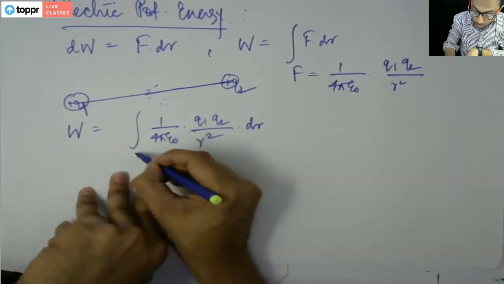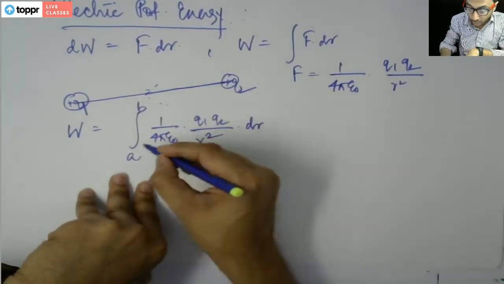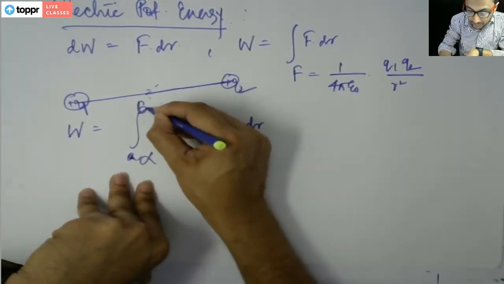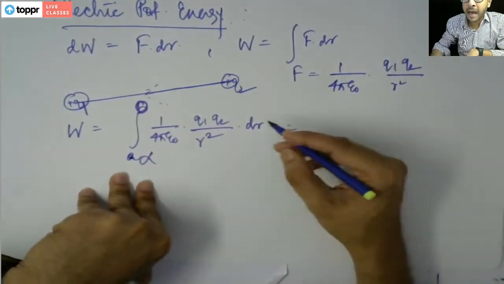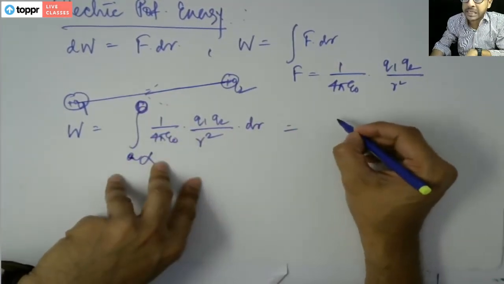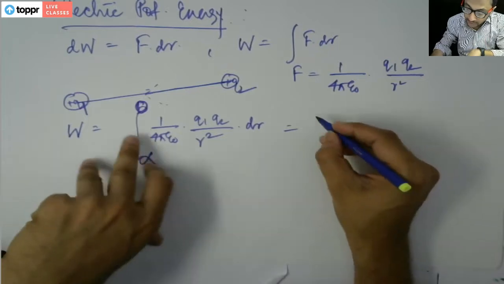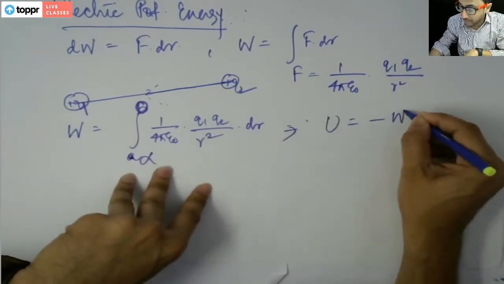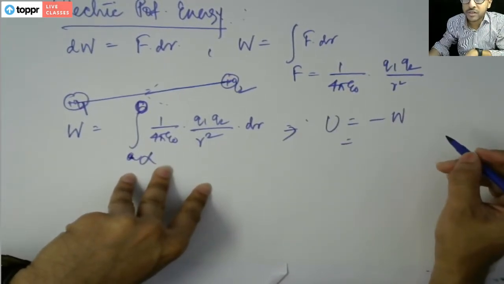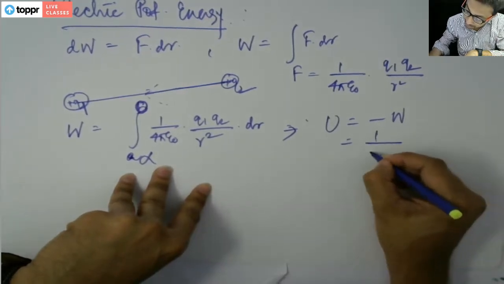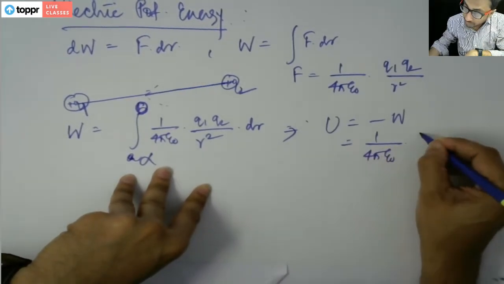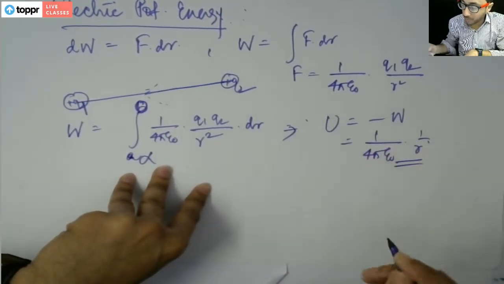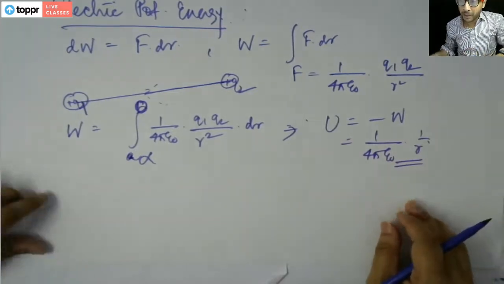Right? So from A to B, or from infinity to a particular point, if you do it, you will see the work done, and the potential energy is nothing but minus of work done, which is nothing but 1 by 4 pi epsilon 0 q1 q2 by r. Okay.